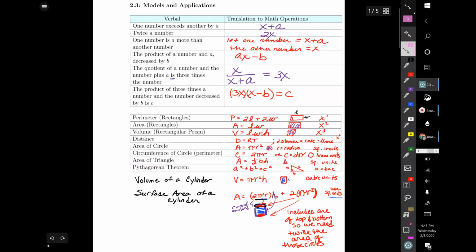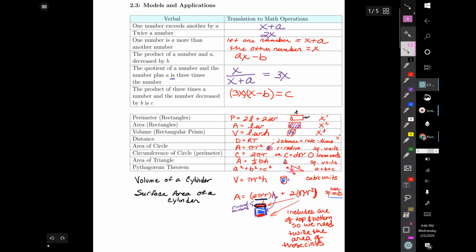Area of a triangle is A equals half base times height, half BH, and it's dropped down from a 90 degree perpendicular drop to the base is with how the height goes. That's in square units. Pythagorean Theorem is a squared plus b squared equals c squared.